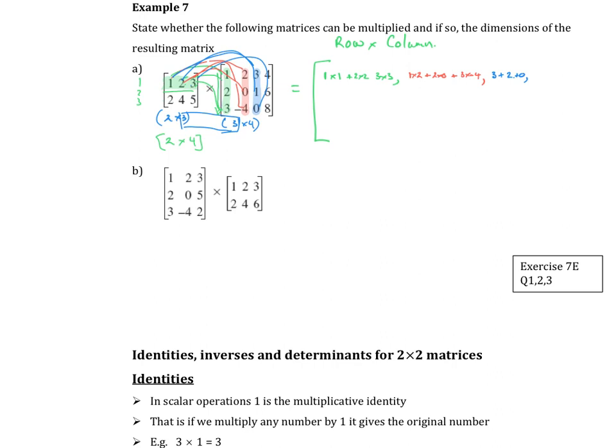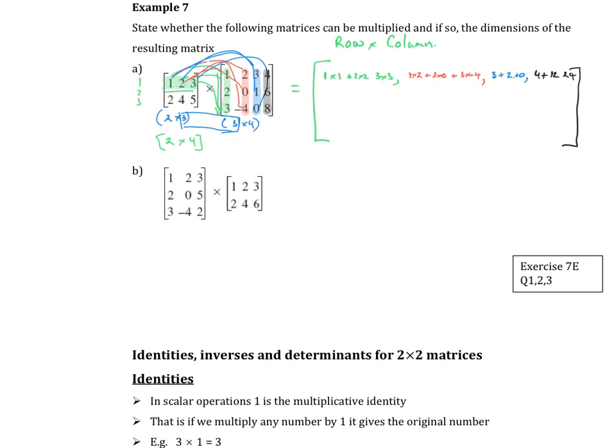And then finally, I'm going to do that column of numbers. And I'm going to have 1 times 4, which is 4, plus 2 times 6, which is 12, plus 3 times 8, which is 24. I've got no more columns, so I finish.